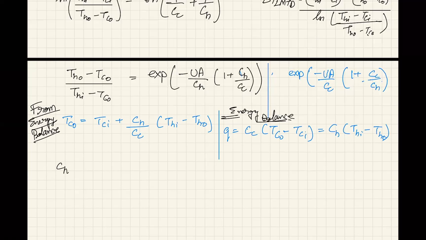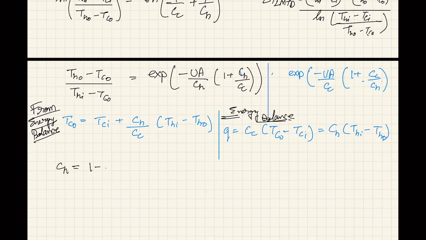So a lot of mathematics coming into the picture. Once you express TCO in this fashion, you rearrange everything else and you will get a nice expression for CH. It will take some steps, and I expect you to try to solve it yourself.